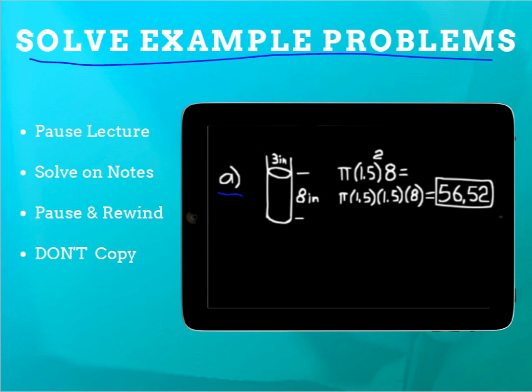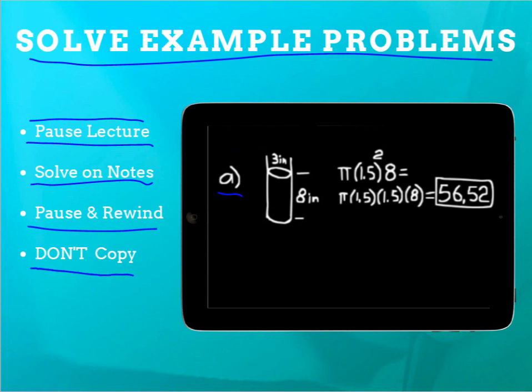To solve an example problem, what you want to do is pause the lecture and solve it in your notes. You have a page that you're taking notes on. You watch and listen, and then you pause that lecture and you try to solve it on your own on your paper. Learning by doing. If you don't understand something, pause and rewind until you get it, and then try to solve it.